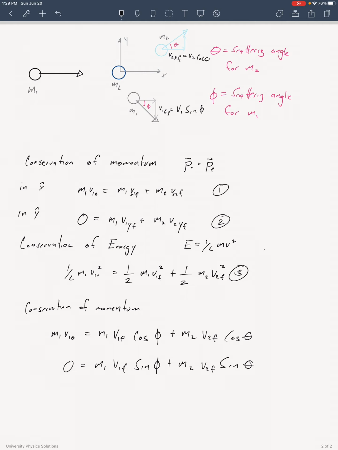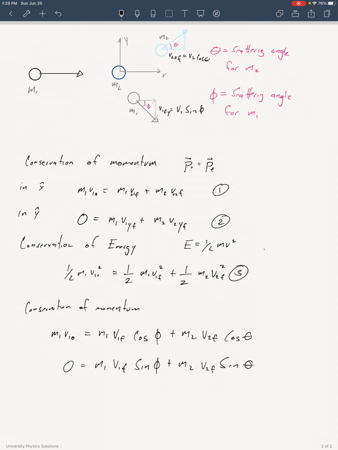Now, let's consider a case in which m1 and m2 are the same. We can also consider other cases in which m1 and m2 are drastically different, which will also give us some simplified equations. But in general, from this set of equations, you can find whatever you want. You just need to be given the actual masses and angles.